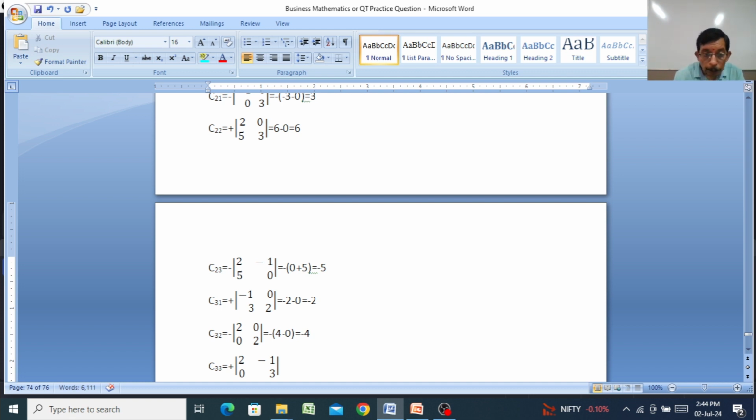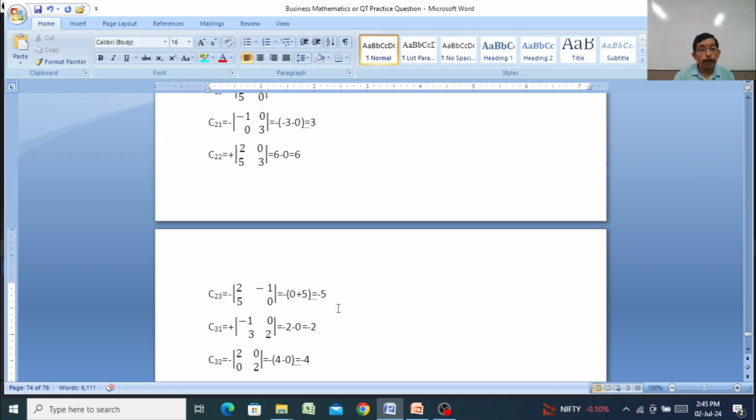Now the last cofactor is equal to 2 times 3 is 6, minus 0 into 1, result is 6. These are the cofactors of the matrix A.